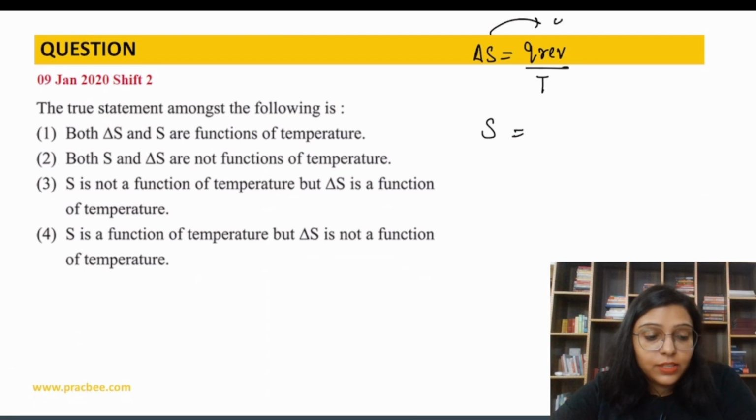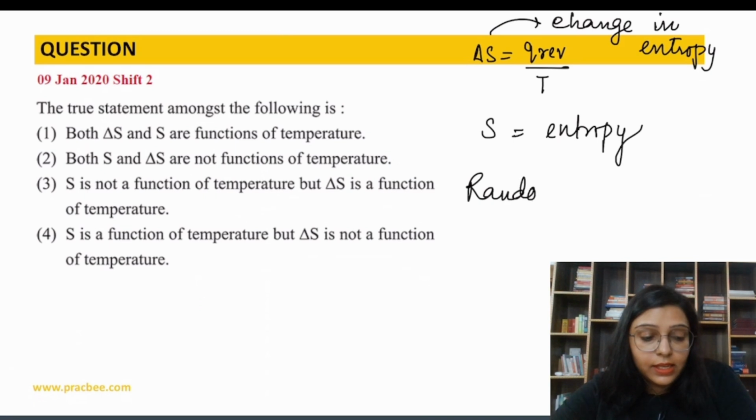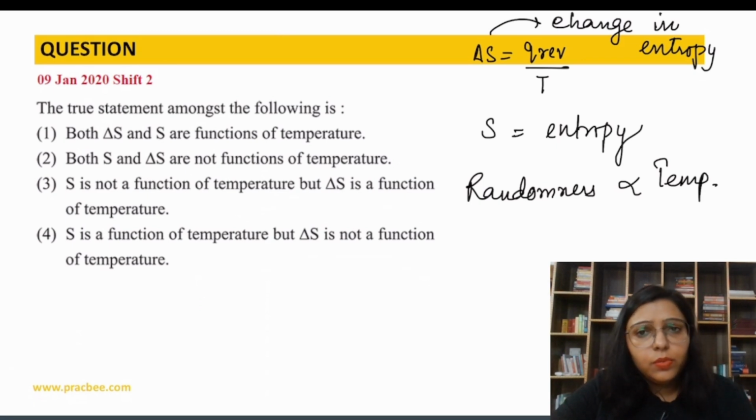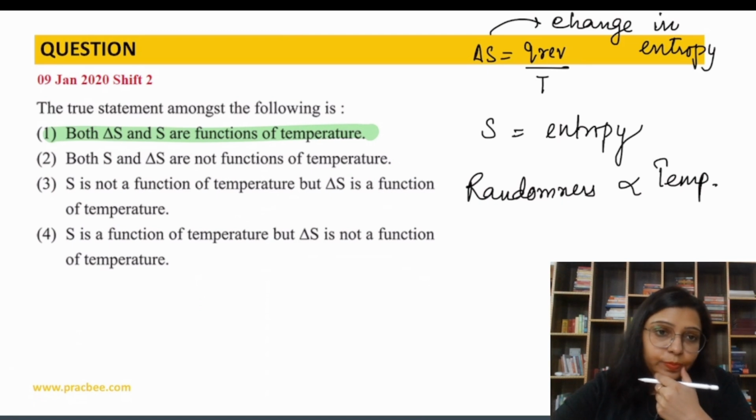Delta S is change in entropy, and S is just entropy. So we know that randomness is directly proportional to temperature. It increases. So both delta S and S are functions of temperature. Yes, they are functions of temperature. Okay.